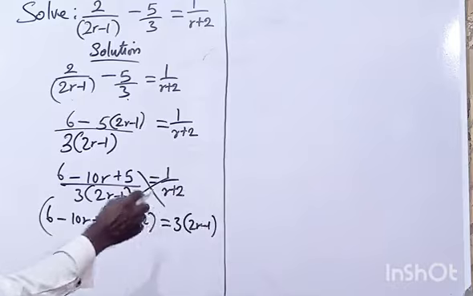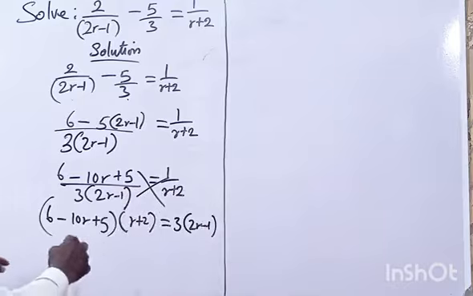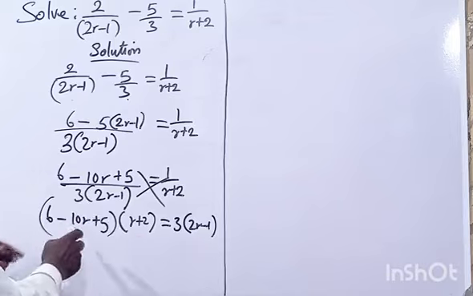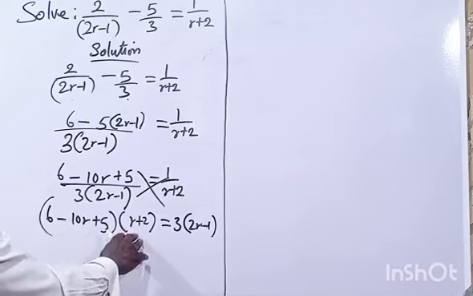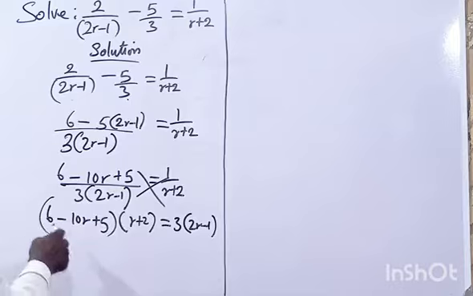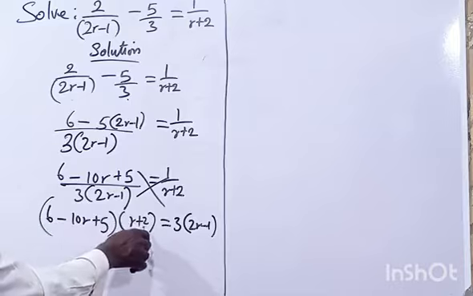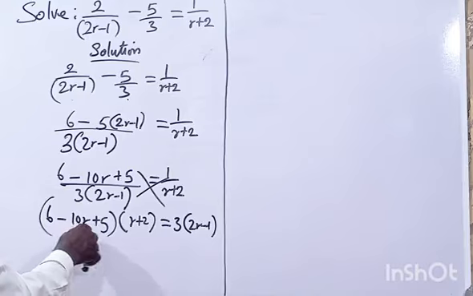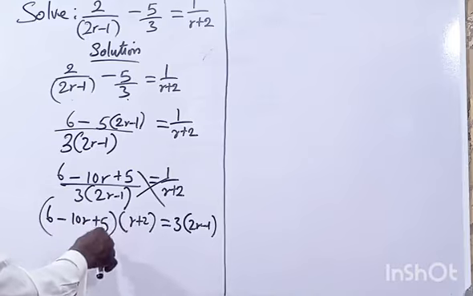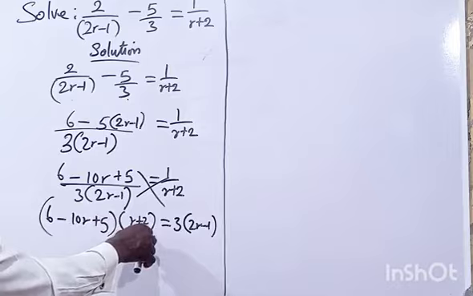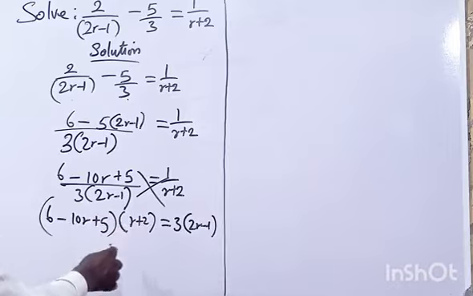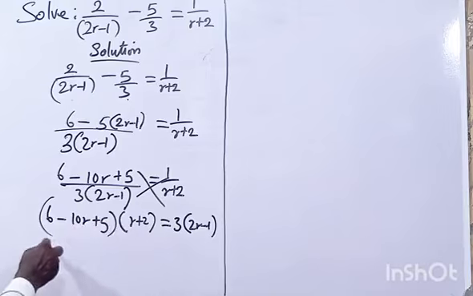So what we do next is to simplify further. This one, we use this to multiply this. How do we go? First of all, use 6 to multiply these two terms, use minus 10x to multiply these two terms, and use 5 to multiply these two terms. Let's see what we are going to get. 6 times x will be 6x.